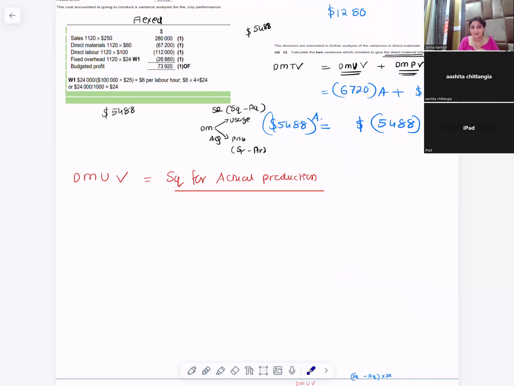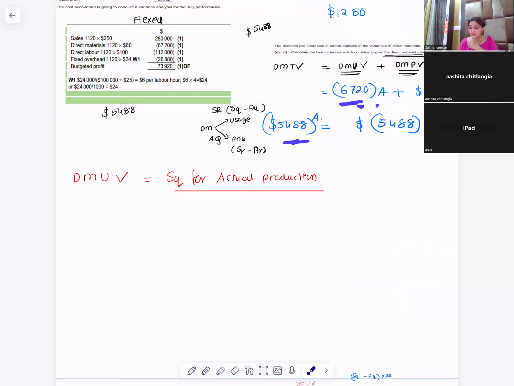Because you paid less, maybe the quality of the material went bad. And because the quality of material was bad, there was more wastage. If there was more wastage, you used more. So you saved less, but you ended up wasting more. So this is bad.